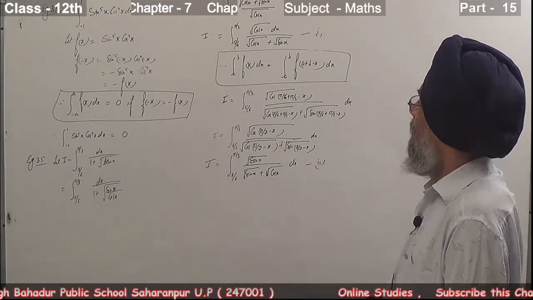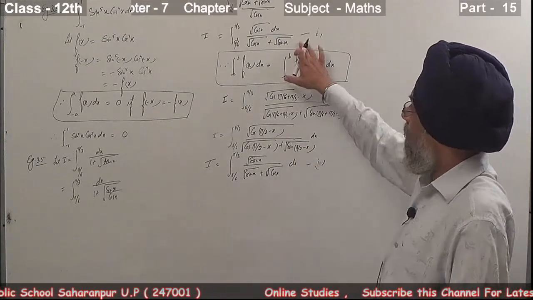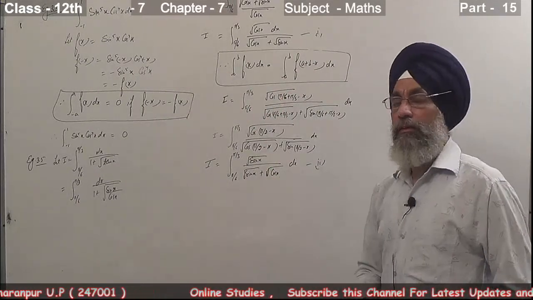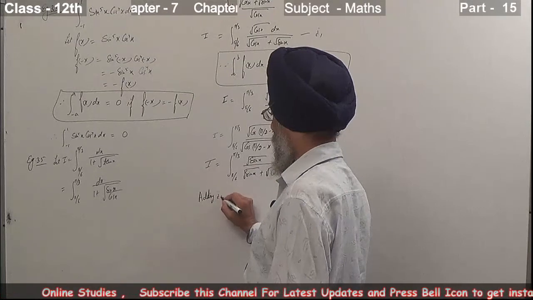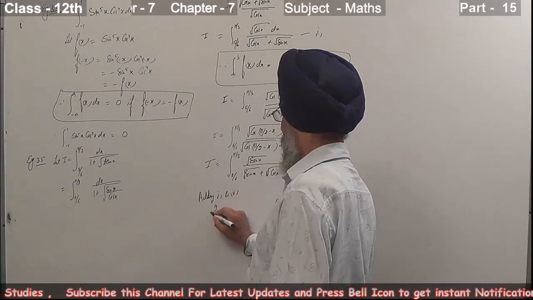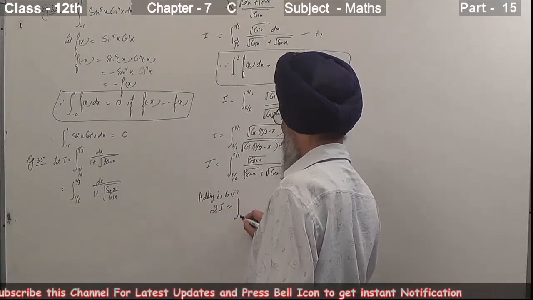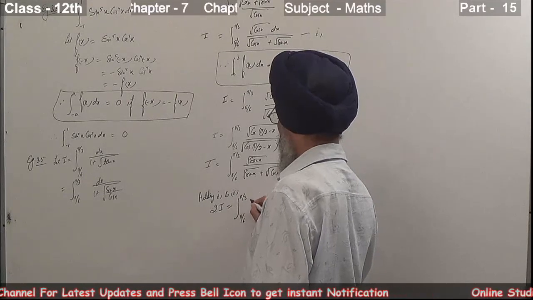You can see that the denominator is the same and the limits are the same, so adding first and second, two times I is equal to the integral from pi by 6 to pi by 3.